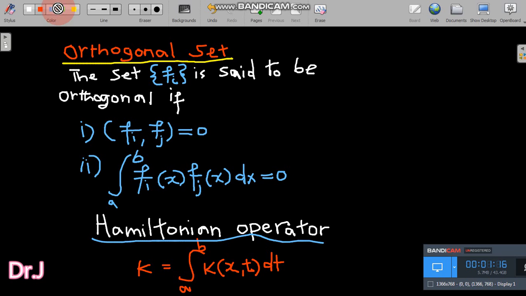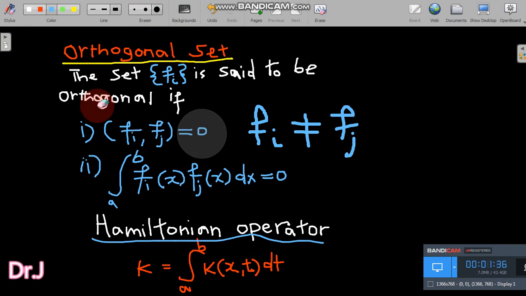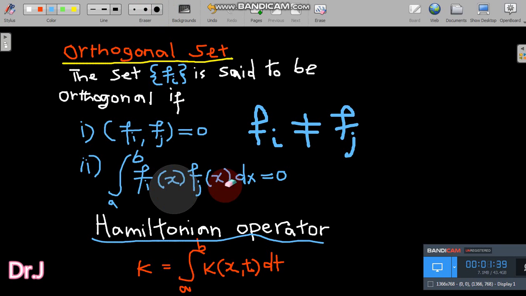When Fi is not equal to Fj, then we say that it has to satisfy this condition also. Then we say that the sequence of functions Fi is called an orthogonal set.